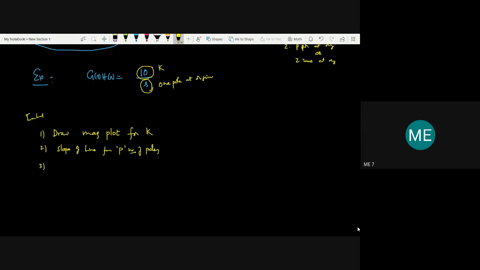Third one, this is very, very important: shift the intersection point of omega equal to 1 and 0 dB line, shifting this intersection point of omega equal to 1 and 0 dB line onto the 20 log K line.